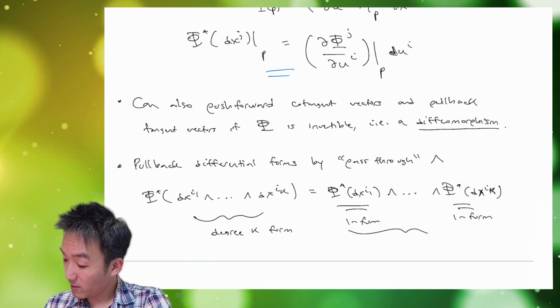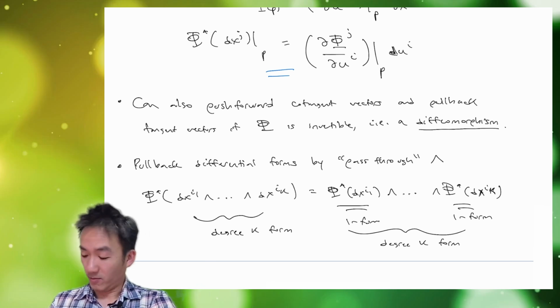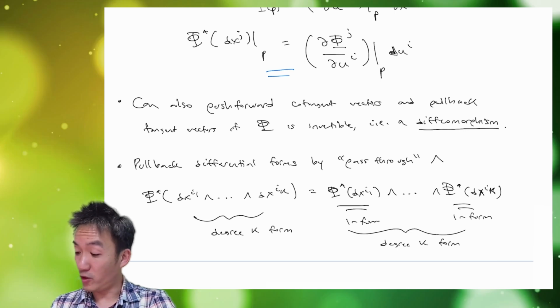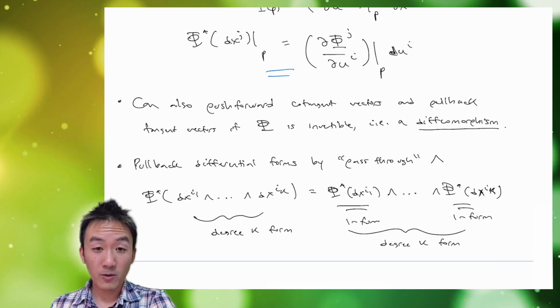And altogether, this is also a degree k. Okay, so it's a lot of notation, but it's all somehow decomposed into simpler pieces. So once you know the wedge product and once you know how to pull back 1 forms, you know how to pull back k forms. That's the point.